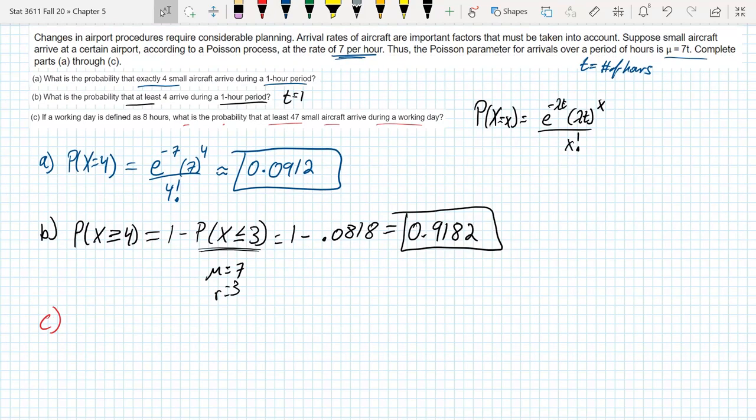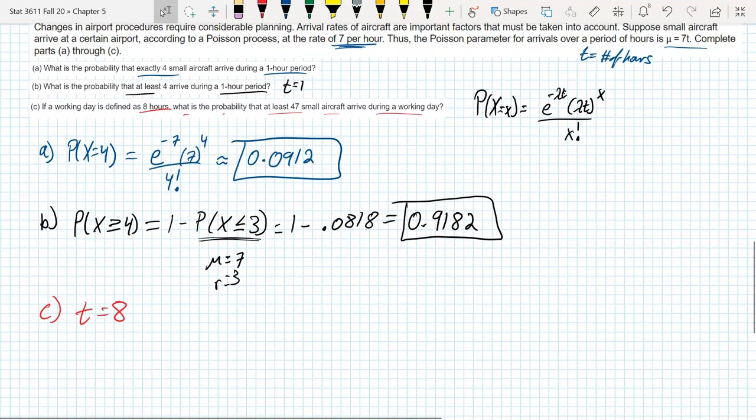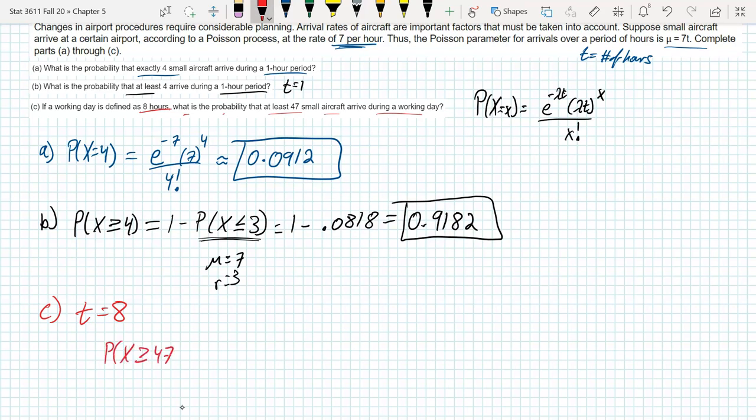So here t is going to be 8 hours, and we want the probability that there's 47 or more in a working day. So if t is 8, what is lambda t going to be here? It's still 7 per hour, for 8 hours, so 56 is the expected number.